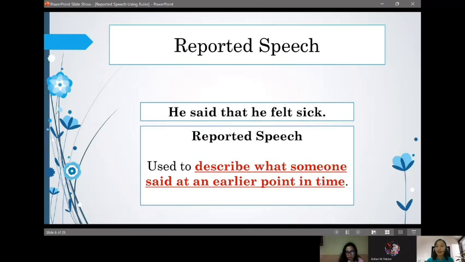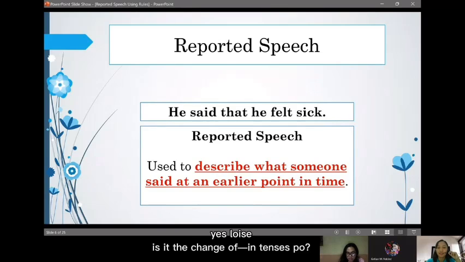Now, what else can you notice from this reported speech? The difference in the structure of the reported speech. Anyone? Yes, Lois?